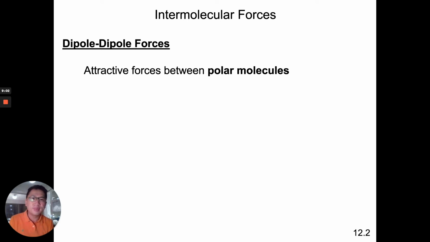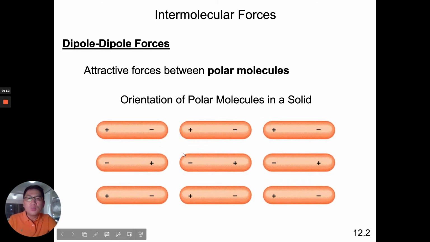So the side with more electrons is what we call the negative side, and relatively speaking, the other side is a positive side. That is a polar molecule. So let's say this is a polar molecule, kind of like a negative, positive, negative, positive.